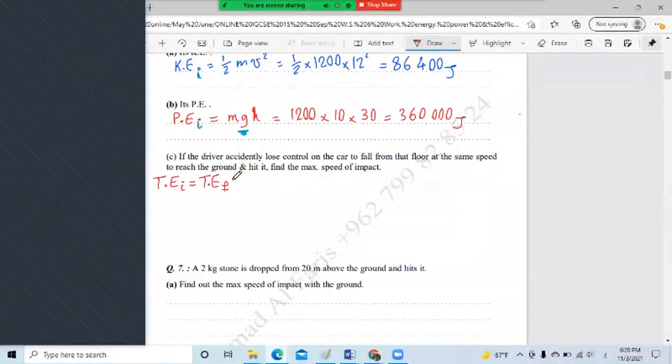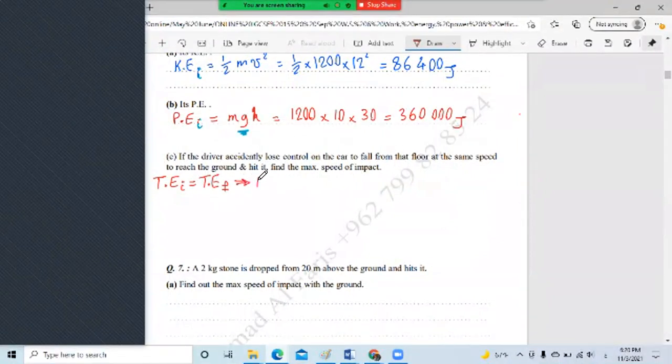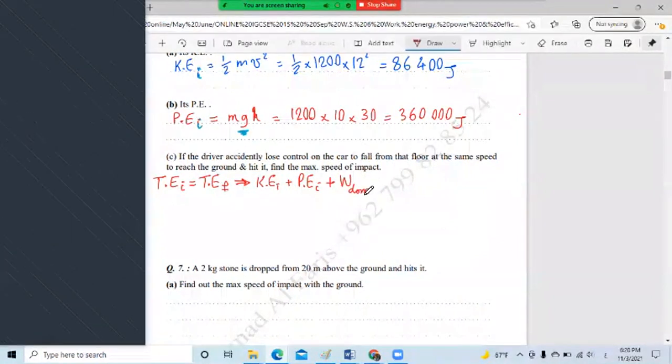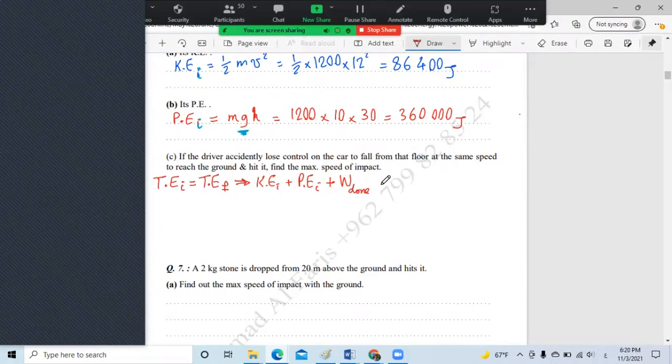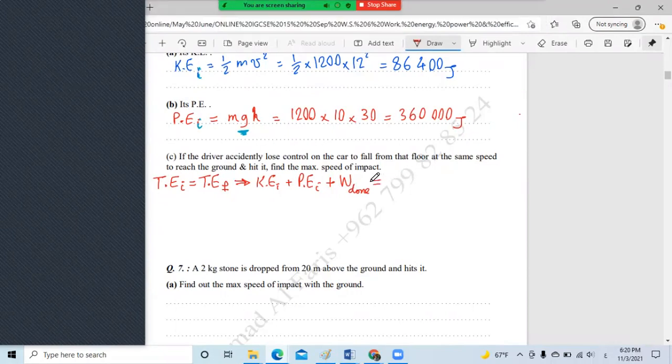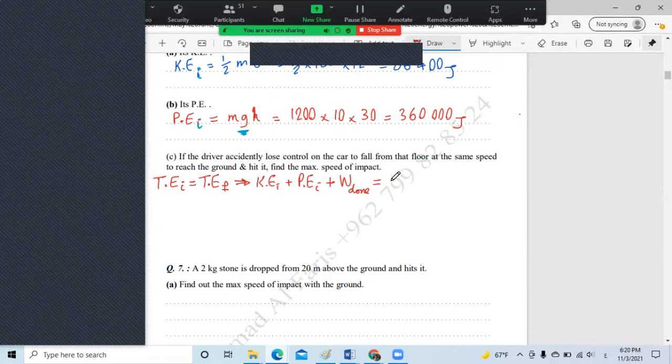That means the kinetic energy initial plus the potential energy initial plus the work done, if something pushes the car, like if he pushes the gas or something hits the car from the back, something to increase the energy that the car has, that's the total energy before, equal to the total energy final, the total energy at the end.